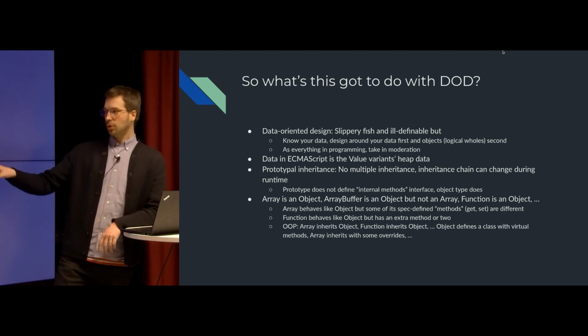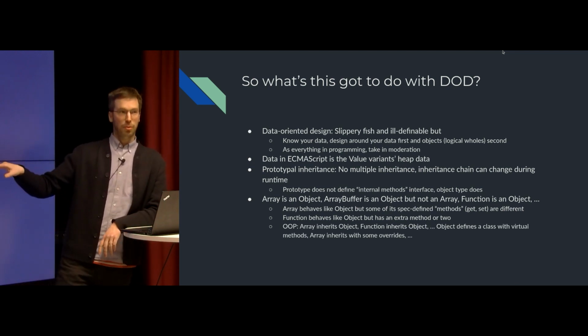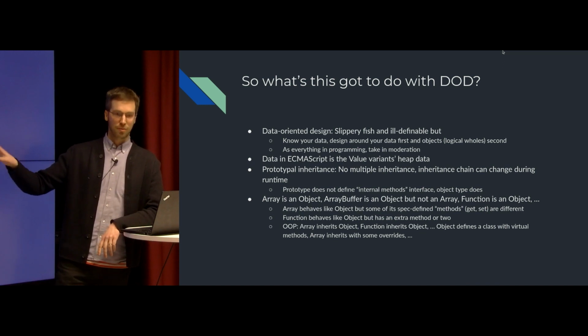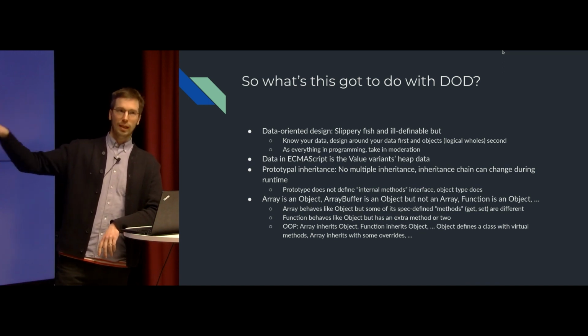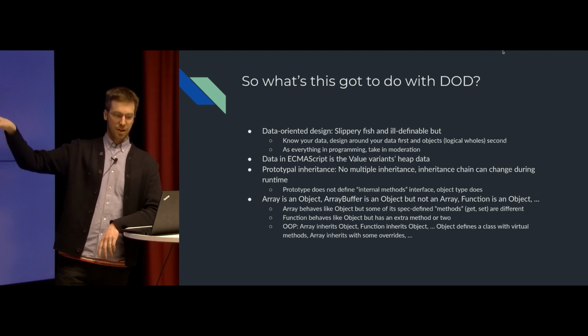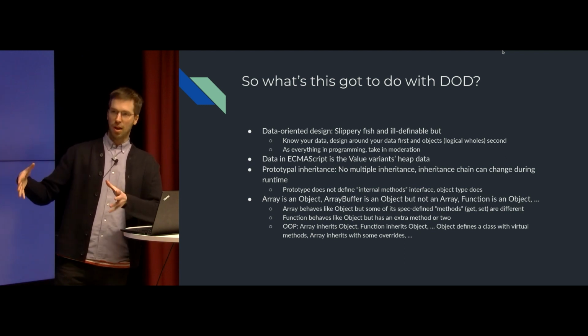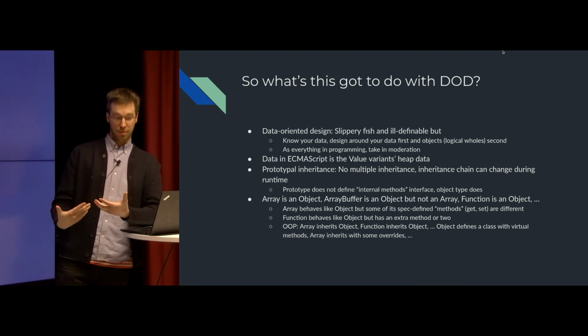So if you look at this and you come from an object-oriented viewpoint, you're going to say, well, obviously, objects define the kind of base class, and they have virtual methods. Array inherits that object, so it overrides some of them.